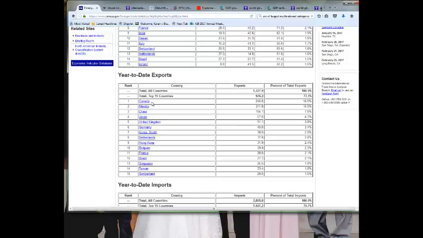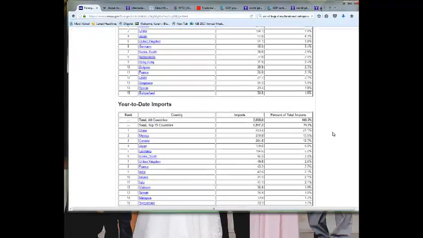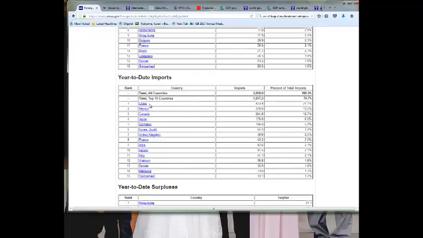The majority of our goods, or our largest recipient of our exports, is Canada, followed by Mexico, China, Japan, and the United Kingdom. The majority of our imports come from China, followed by those same countries.